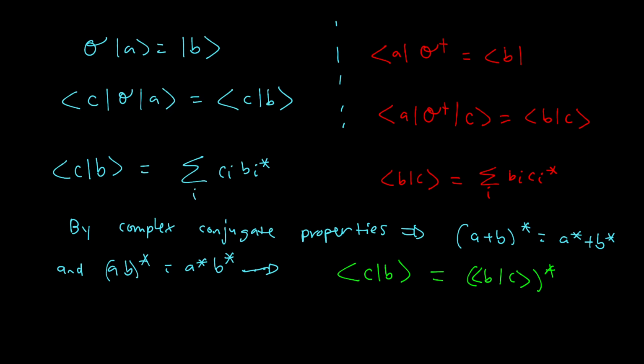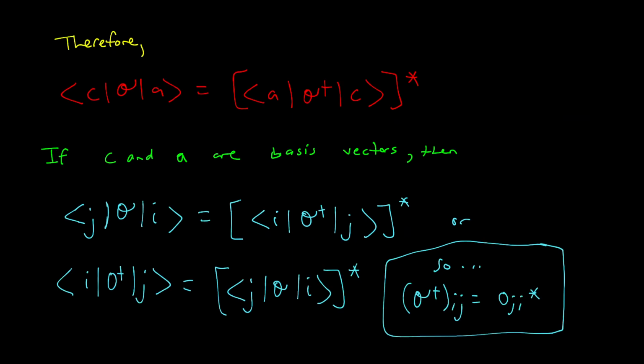Notice how ⟨C|B⟩ equals ⟨B|C⟩ complex conjugated, based on complex conjugate properties. Therefore, you would get ⟨C|O|A⟩ equals ⟨A|O†|C⟩ complex conjugated. If C and A are basis vectors, then ⟨j|O|i⟩ equals ⟨i|O†|j⟩ complex conjugated, or ⟨i|O†|j⟩ equals ⟨j|O|i⟩ complex conjugated.